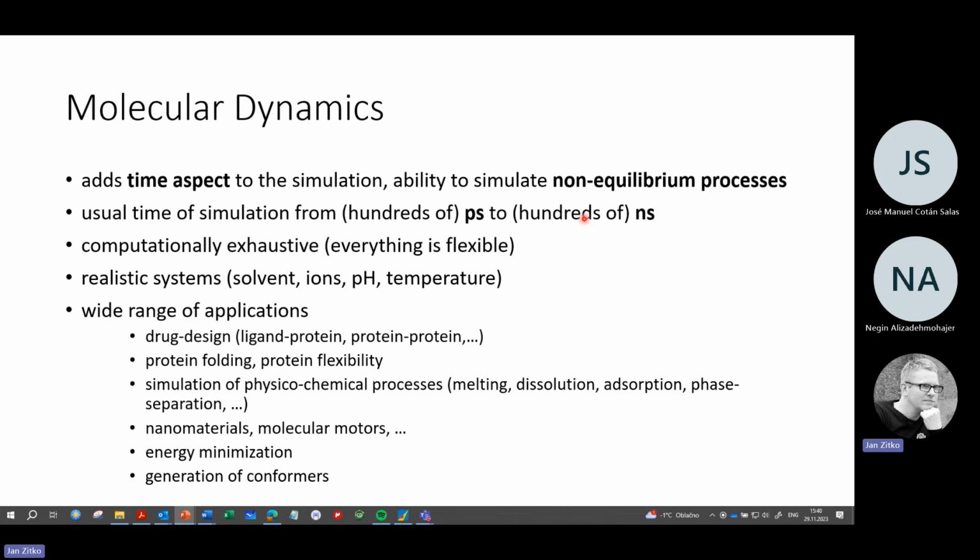The reason is that everything in the system is flexible. Maybe you remember when we talked about molecular docking, the process when we try to predict the mutual pose of a ligand inside of a receptor.